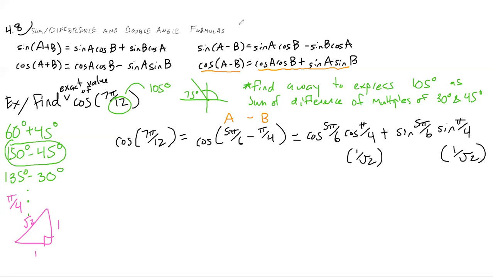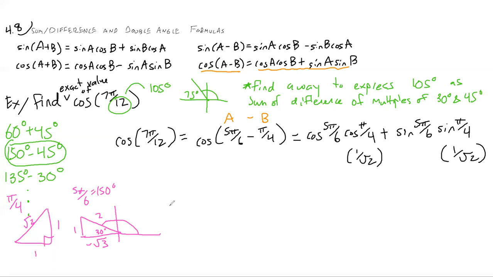And 5 pi over 6, that's 150 degrees, and that has a reference angle of 30. If I draw this one, it would be my 1, 2, root 3 triangle. And just remember that it is a negative root 3 because it's on the left.